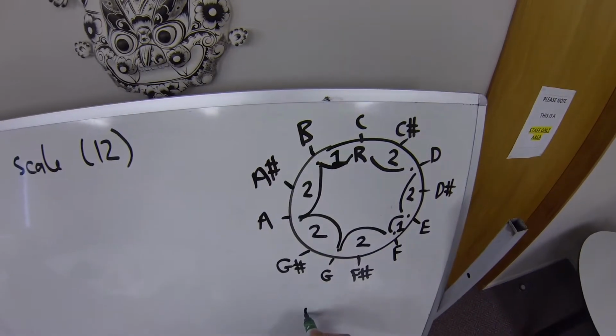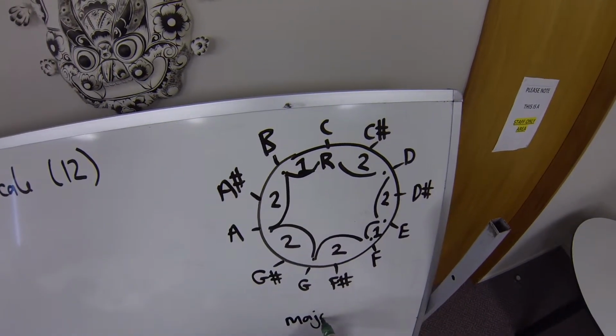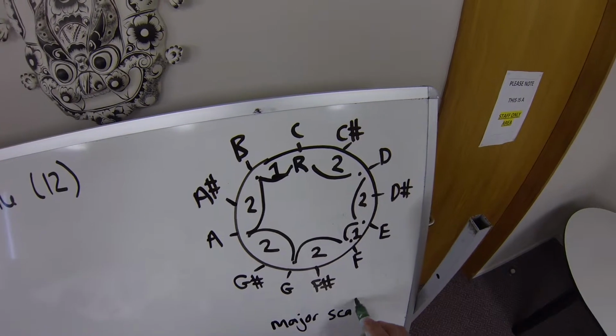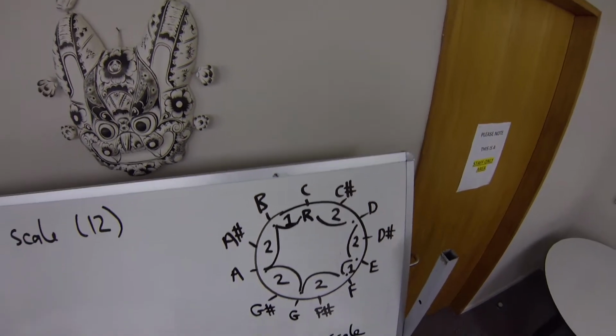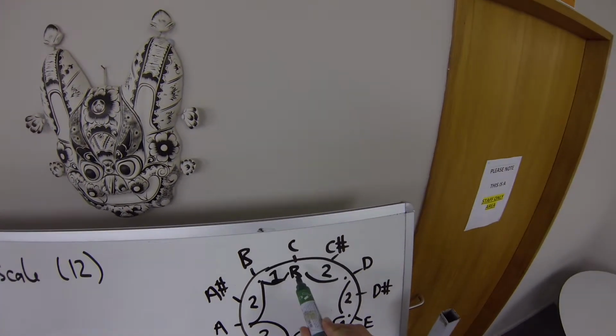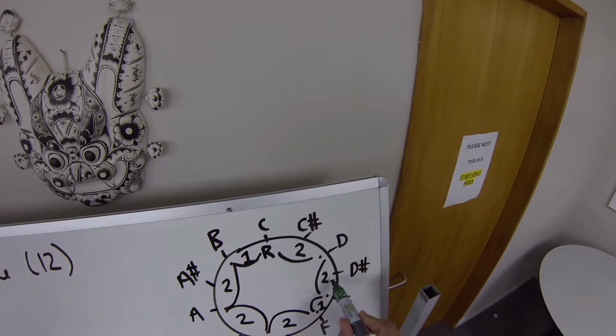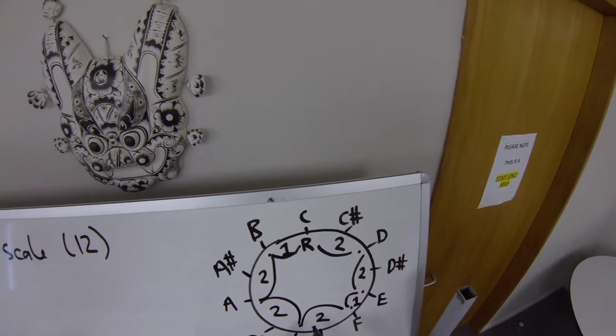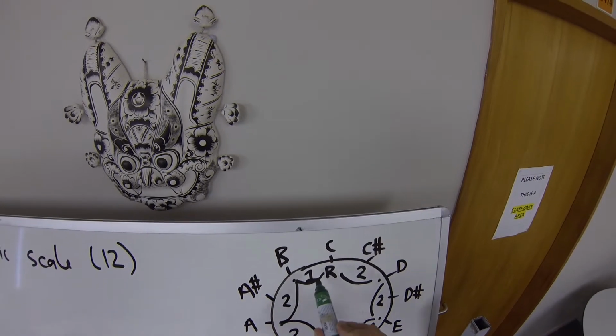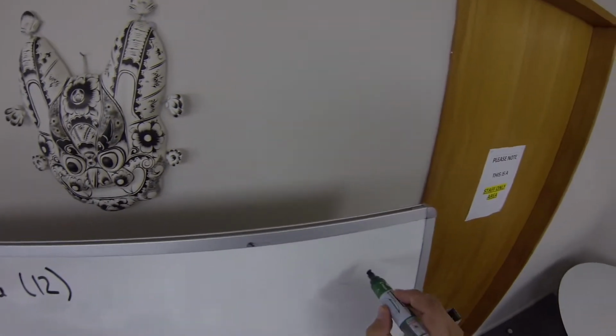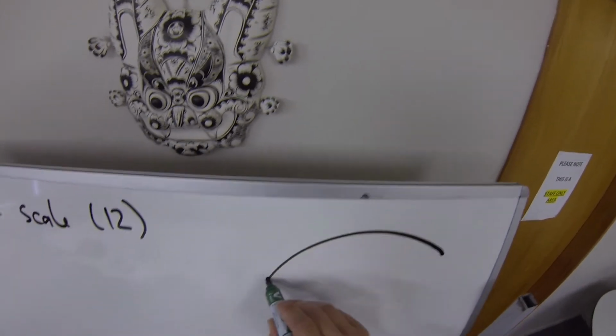And this is called a major scale. And we can learn it as a pattern of root 2, 2, 1, 2, 2, 2, 1. So I'll just redraw my clock.